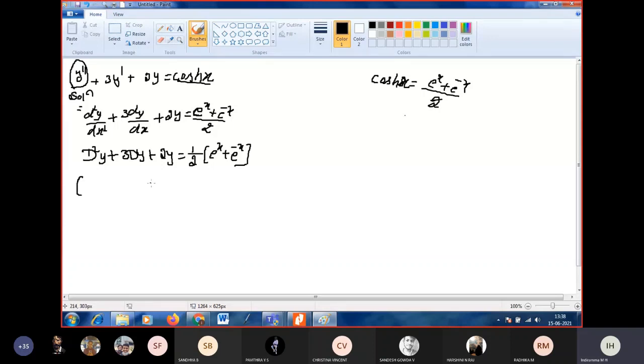Take y common in the LHS, it becomes d square plus 3d plus 2 into y is equal to 1 by 2 into e power x plus e power minus x. Now it looks like f of d into y is equal to phi of x.